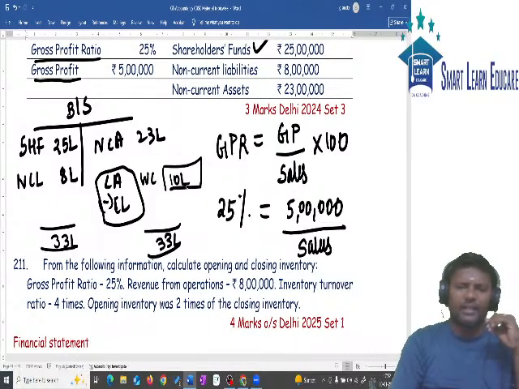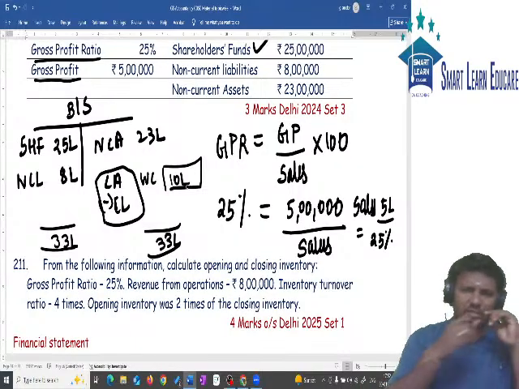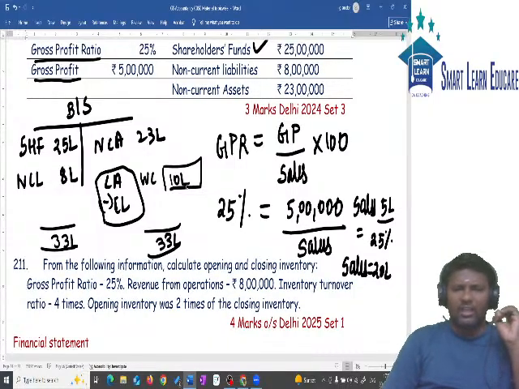From this we can arrive at sales. Sales is equal to 5 lakh divided by 25 percent, which will give you 5 lakh into 4, that is 20 lakh. Sales is 20 lakh.